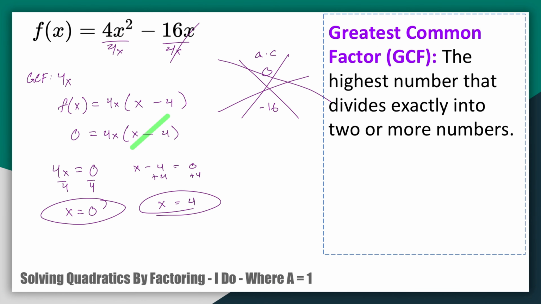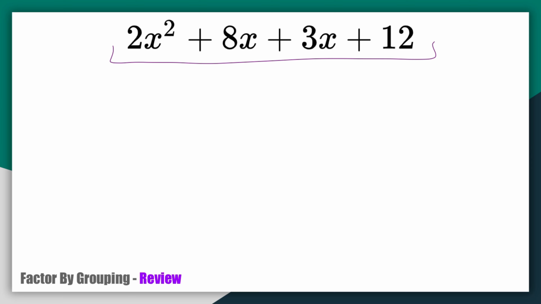All right, this was technically factor by greatest common factor, right? We had 2 terms. We were able to take out the greatest common factor of them. Well, why don't I just do that twice, right? If I have 4 terms and I group them, could I do it for each of them?